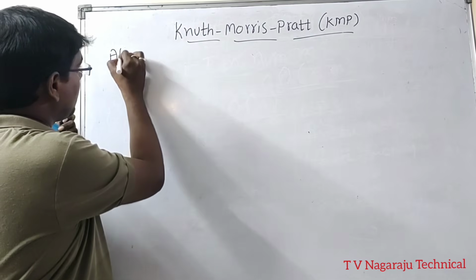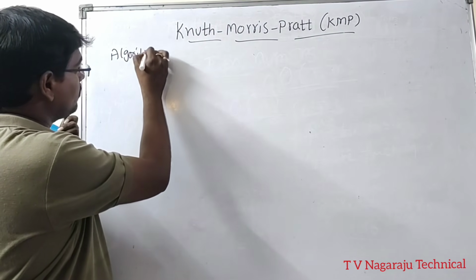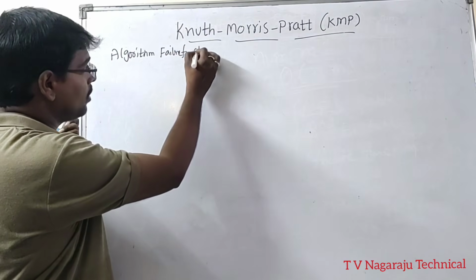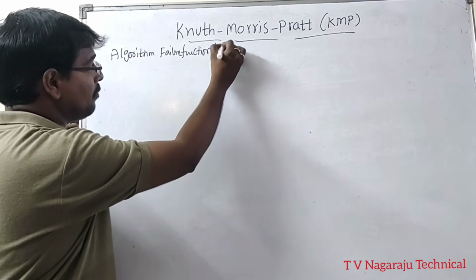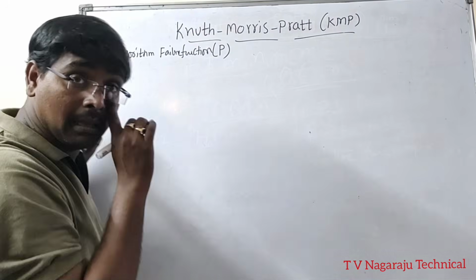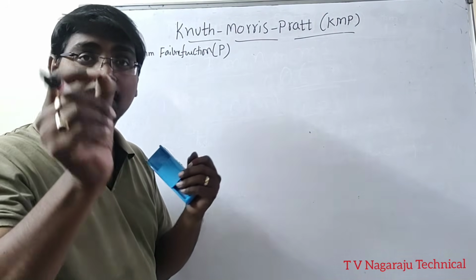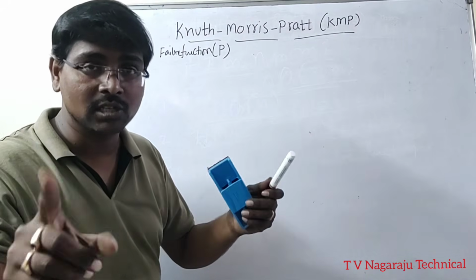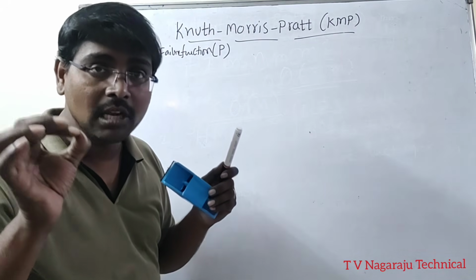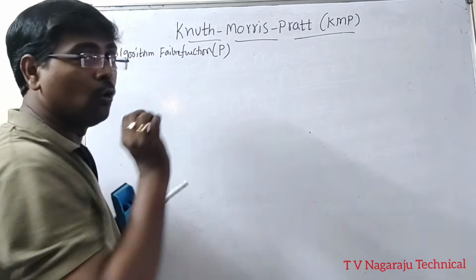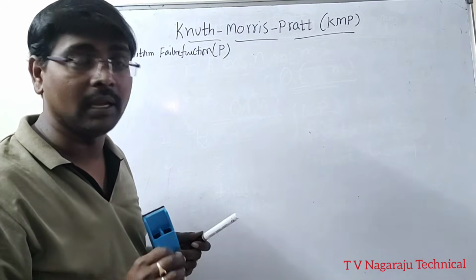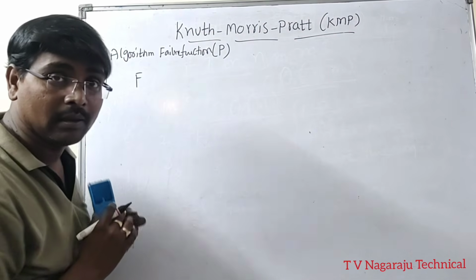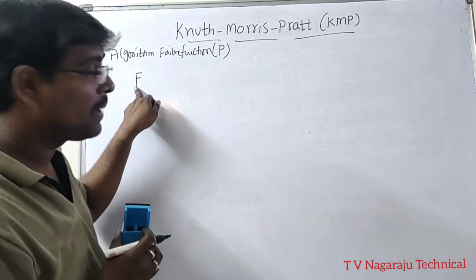Now the algorithm: failure function, you can use any name, not a problem. Failure function of P. What is P? P is the pattern. Remember, we are calculating the LPS table not for the text. Calculate the LPS table for the pattern only. Now, along with the pattern, use one array F. This is my table.